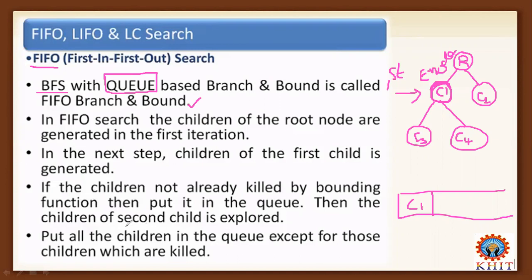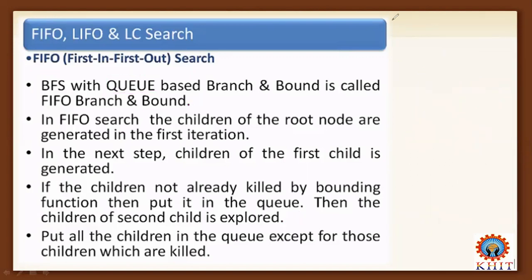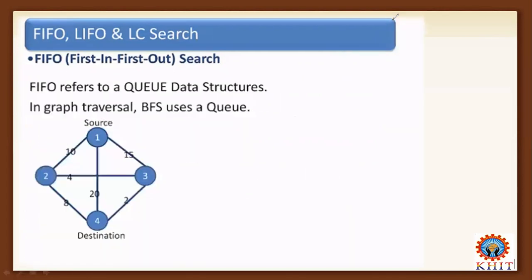Then the children of the second child are to be explored. Put all the children in the queue except for those children which are killed. So that means you need to put in the queue all the nodes that are not killed. Now I will explain with a detailed example in the next slide about the first in, first out searching technique.